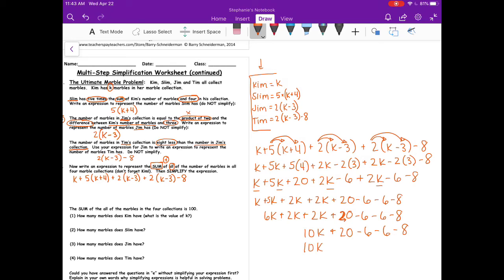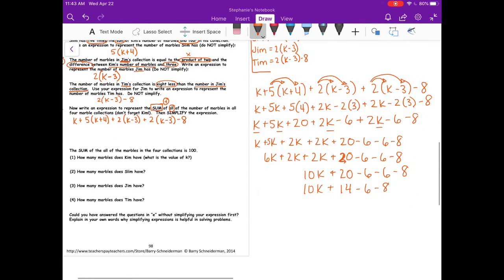Okay, I've combined all of them that have a k in them, so now I'm going to combine my other like terms. I'm almost done.